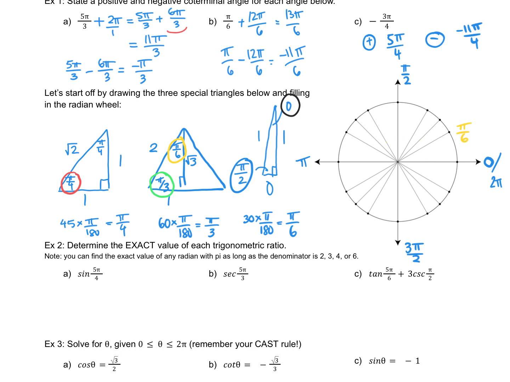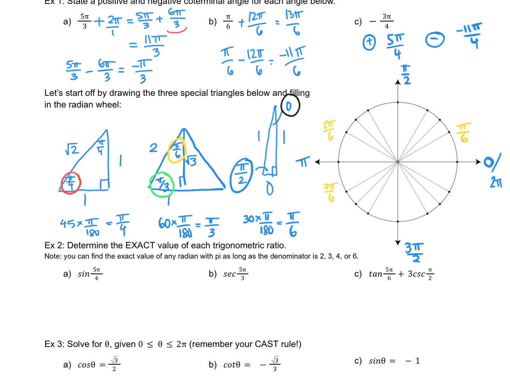And when I do pi minus pi over 6, and I get my common denominator, that's 5 pi over 6. When I get into quadrant 3, now I'm surpassing 180 or pi, and then I just have my related acute angle to add on. So that would be pi plus pi over 6, which gives us 7 pi over 6.